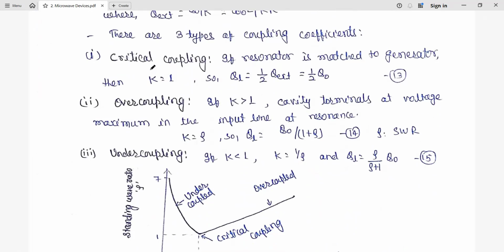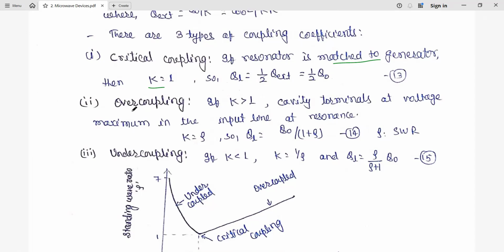So the first one is critical coupling. Critical coupling is when the resonator is matched to the generator. When the resonator is matching with the generator, the K value is 1. Then the loaded quality factor becomes 1 by 2 of the external quality factor, that is 1 by 2 Q naught.